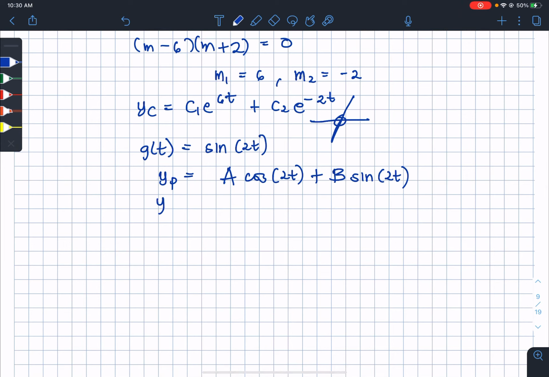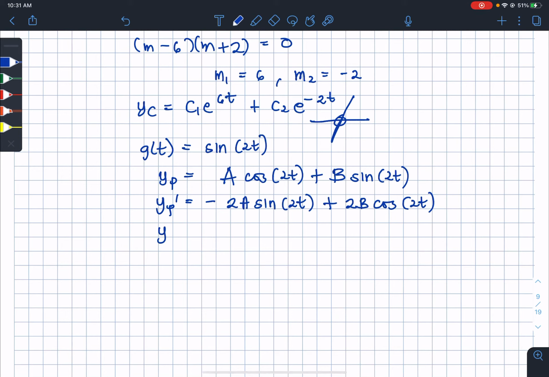Our y_p prime would be, the derivative of cosine is negative sine 2t, and the derivative of 2t is 2, so that will make it negative 2a sine 2t. Then the derivative of sine is cosine, so cosine 2t, and 2 would be positive 2b.